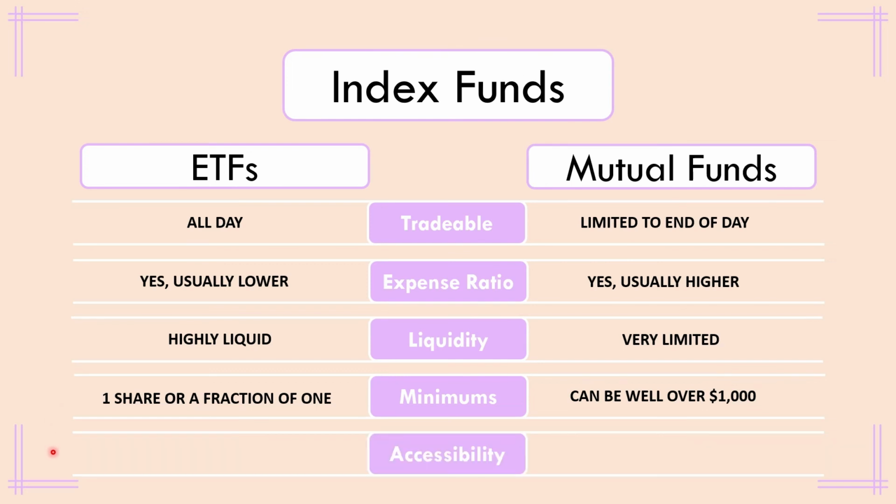And accessibility, this is kind of tying in the liquidity, tradability, minimums, and the expense ratios, right? So are they accessible? Yes, both are accessible to retail traders and institutional traders.